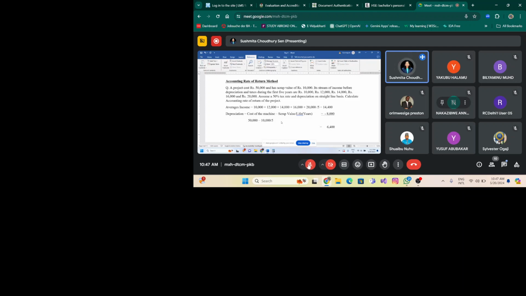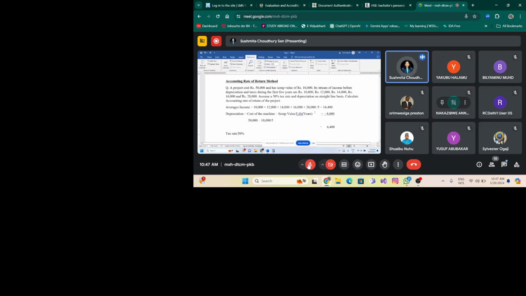Now we have already reduced the depreciation. After that you need to reduce the tax. So you need to follow the tax calculation of your own country. In my country the industry tax is 50%, and according to this particular question also, the tax rate is 50%, because here in India we follow the same industry tax rate.